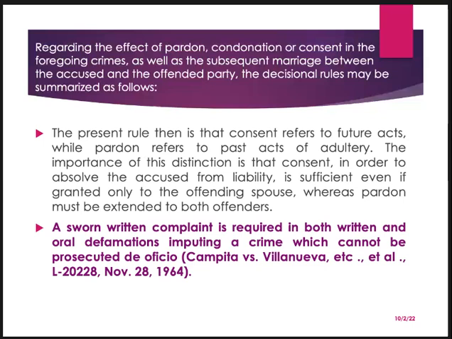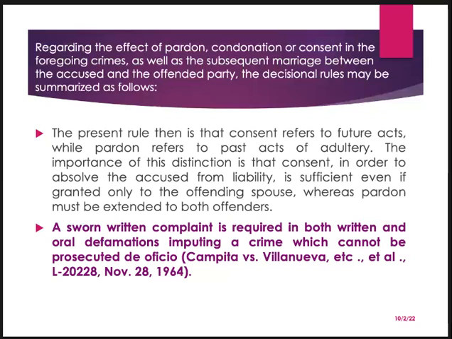So remember, therefore, that the present rule then is that consent refers to future acts. Kung pardon refers to past acts of adultery. The importance of this distinction is that consent in order to absolve the accused from liability is sufficient, even if granted only to the offending spouse, whereas pardon must be extended to both the offenders.